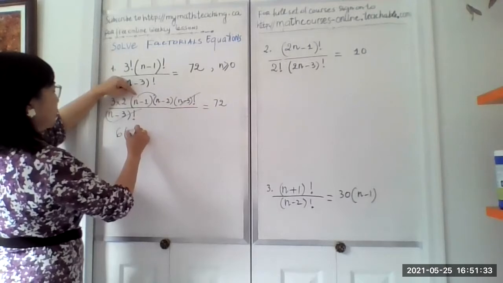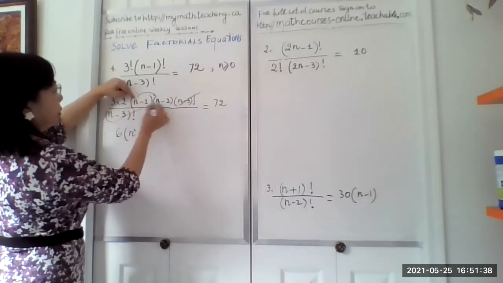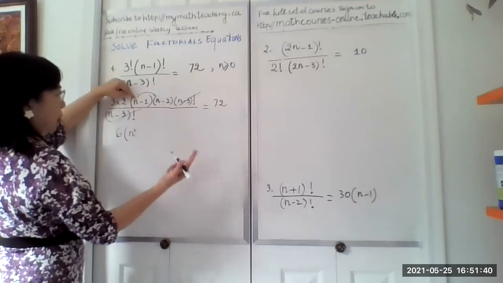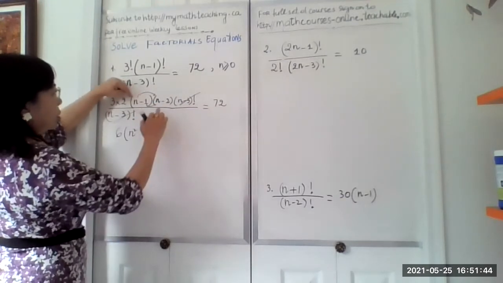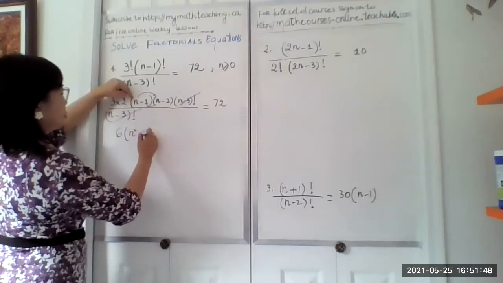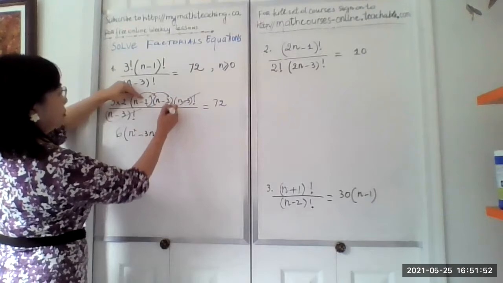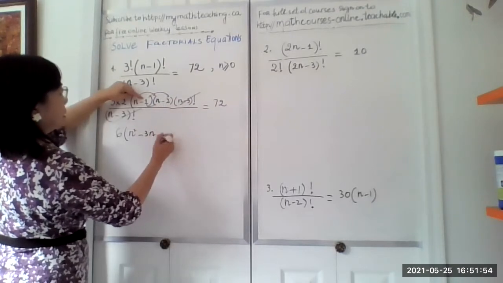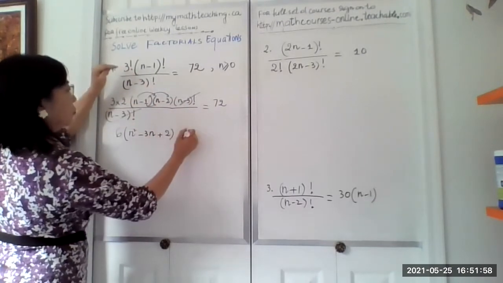So I will have n squared. N times minus 2 is minus 2n. Minus 1 times n is minus 1n. So minus 2n plus minus 1n is minus 3n. And the last term, of course, minus 1 times minus 2 is plus 2, negative times negative is positive.